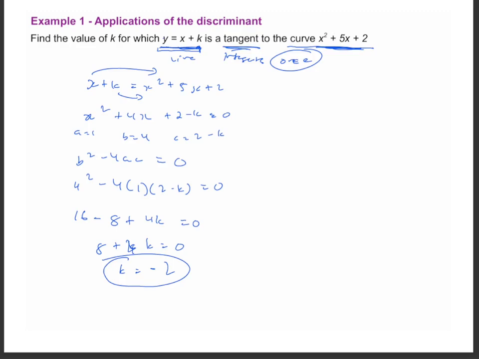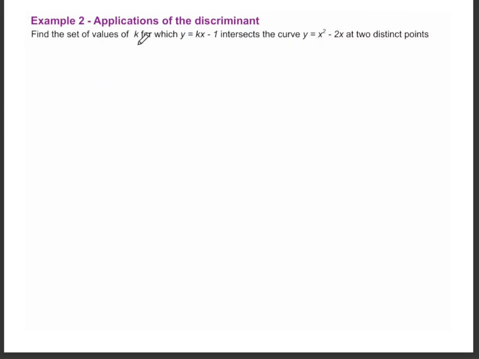Okay? Next part. Find the set of values of k for which y equals kx minus 1 intersects the curve y equals x squared minus 2x at two distinct points. So looking at this, we should know straight away that b squared minus 4ac is greater than 0, and we can continue from there. So we have that these two are intersecting.